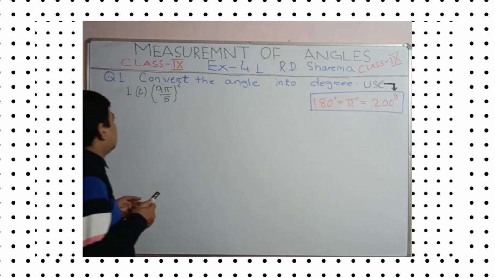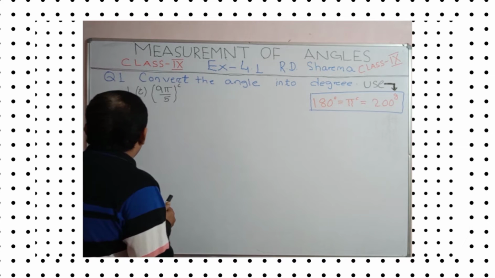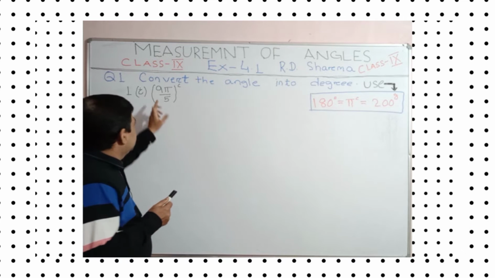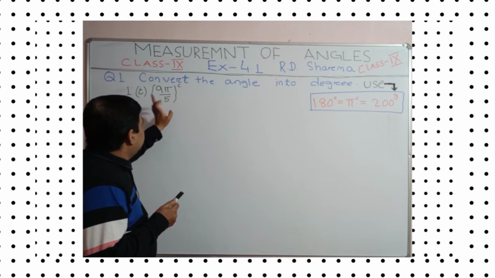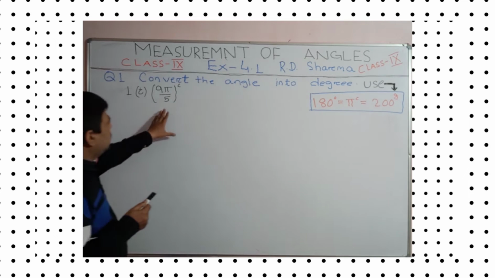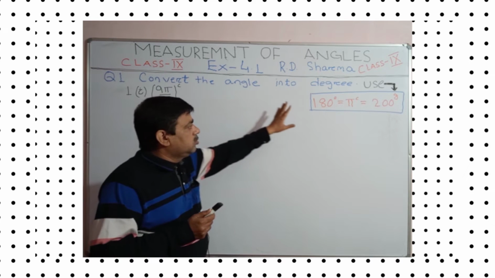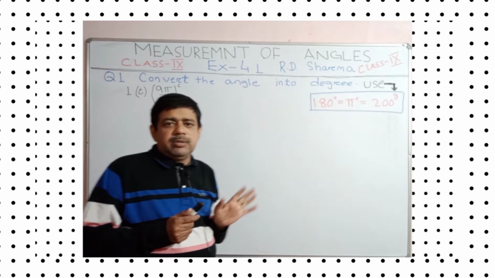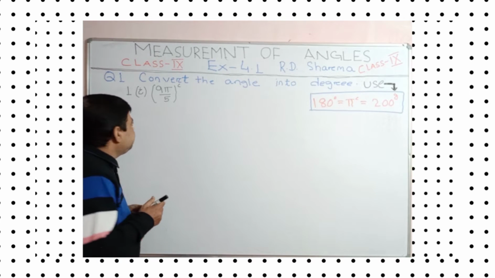The first part is 9 pi by 5 radian. How to convert into degree? Is it clear?